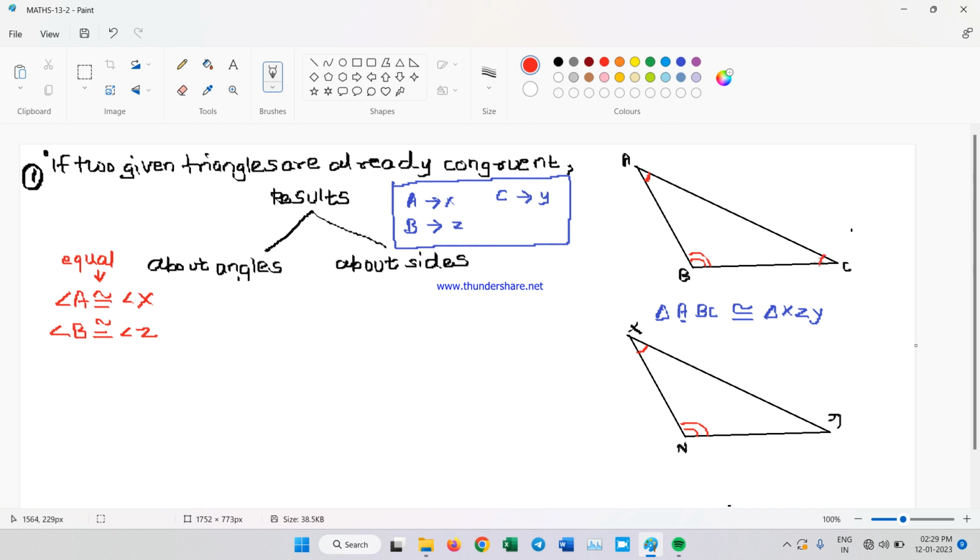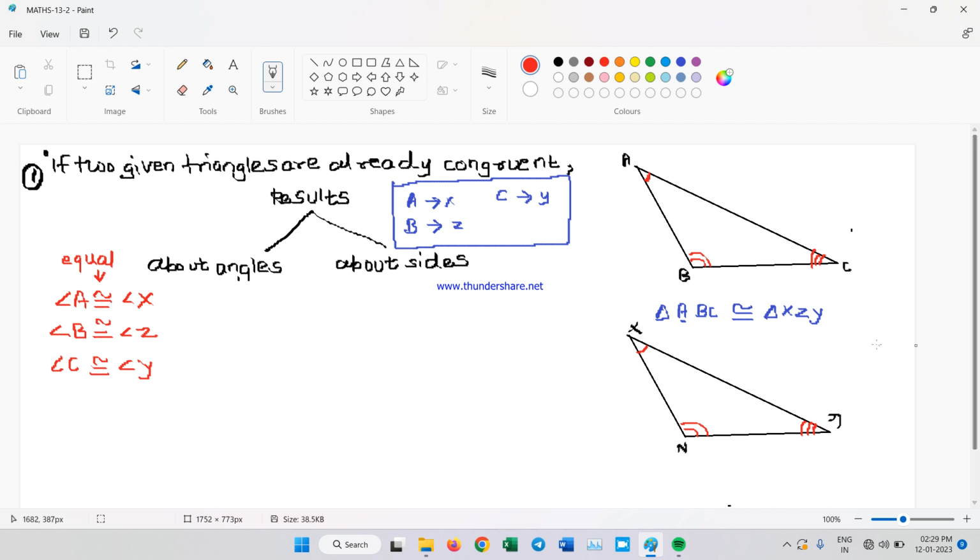And there is our third angle, that is angle C congruent to angle Y. Okay, so this is the case about the angles. So if two triangles are already congruent, each angle of the first triangle will be equal to the corresponding angle of the second triangle.